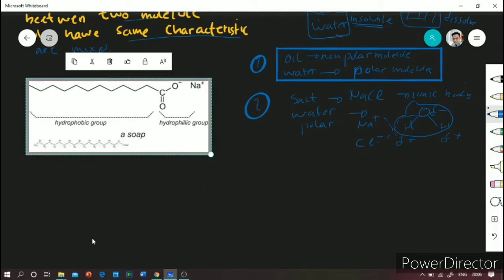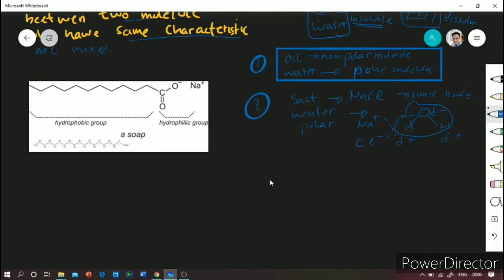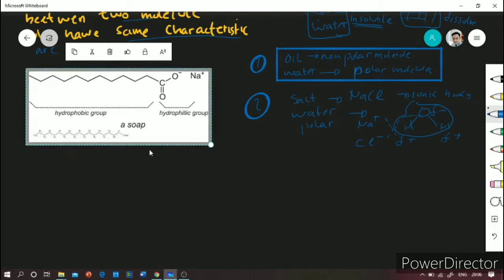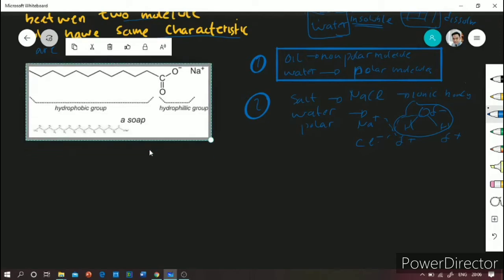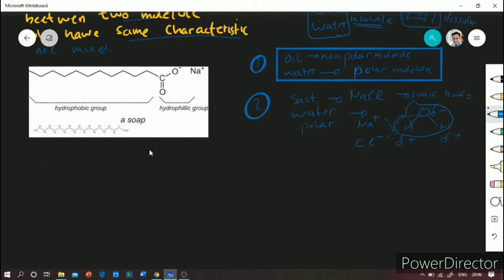There is a situation when we have both polar and non-polar characteristics of a compound or molecule in one place, but we want to interact with both of them.